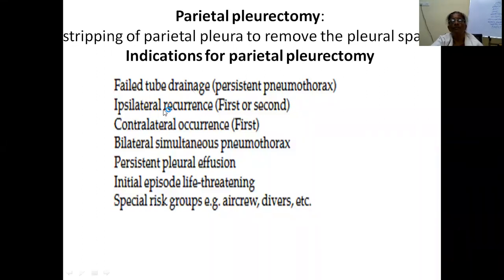Failed tube drainage, which leads to recurrence of the conditions, bilateral simultaneous pneumothorax, persistent effusion, initial episode which is life-threatening, and special risk groups like air crews and drivers. Air crews and drivers, when they appear with pneumothorax, it is always better to do a parietal pleurectomy.